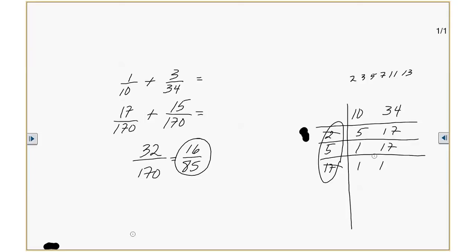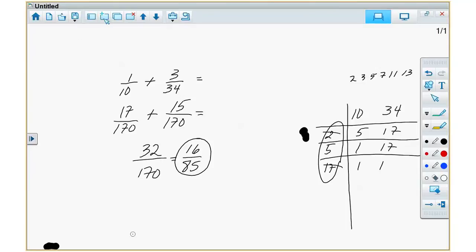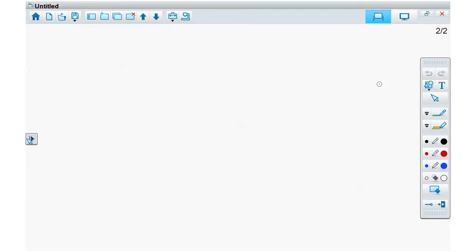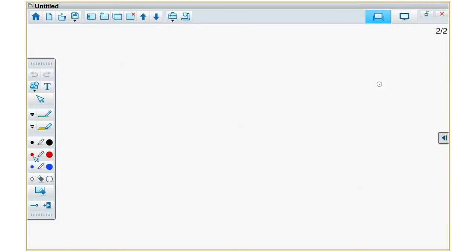And you can do fractions all day long now, unless you just want to suck at it. Let's do another one. I'm going to let y'all do this one. Three over 25 minus 1 over 6.